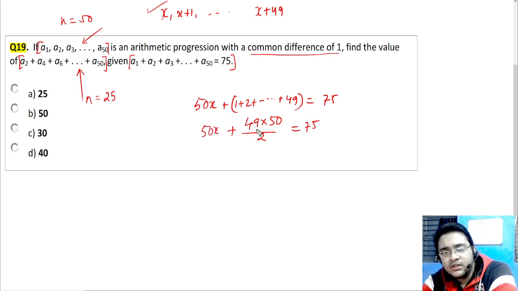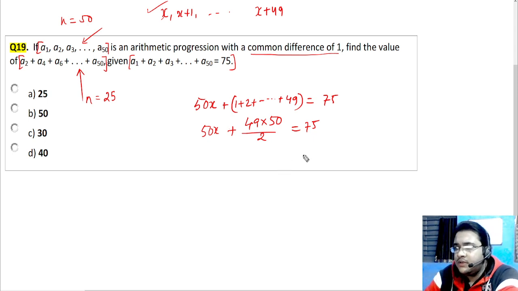The first thing that comes to my mind is that 75 is much less than 49 into 50 by 2, so obviously the value of the first term x will come out negative. Let's do the mathematics.